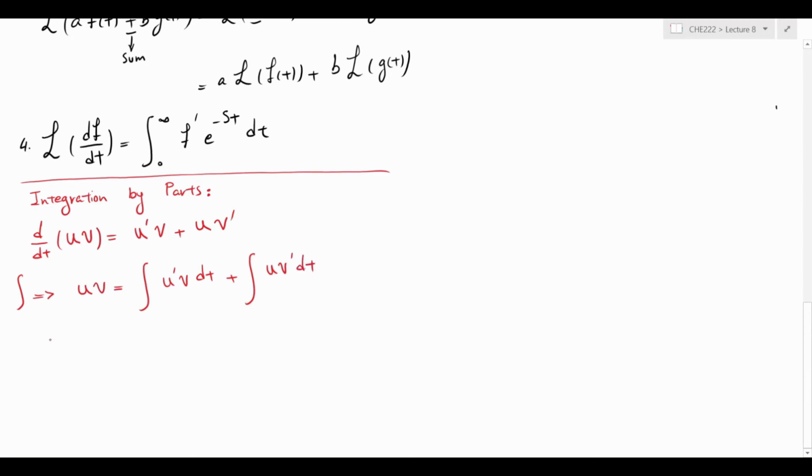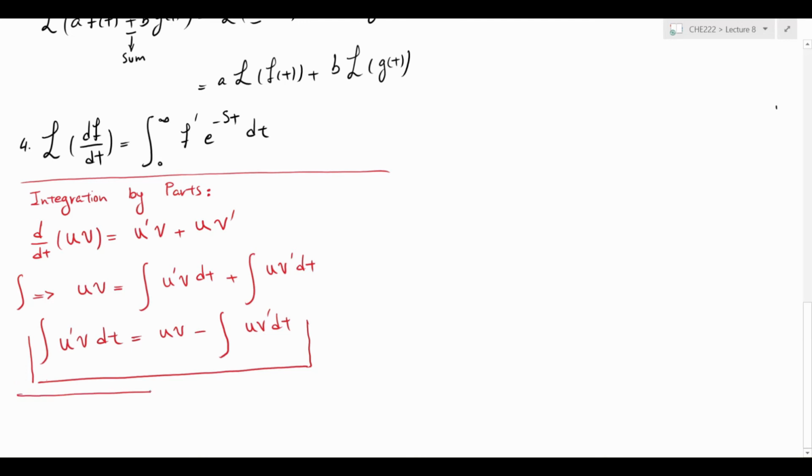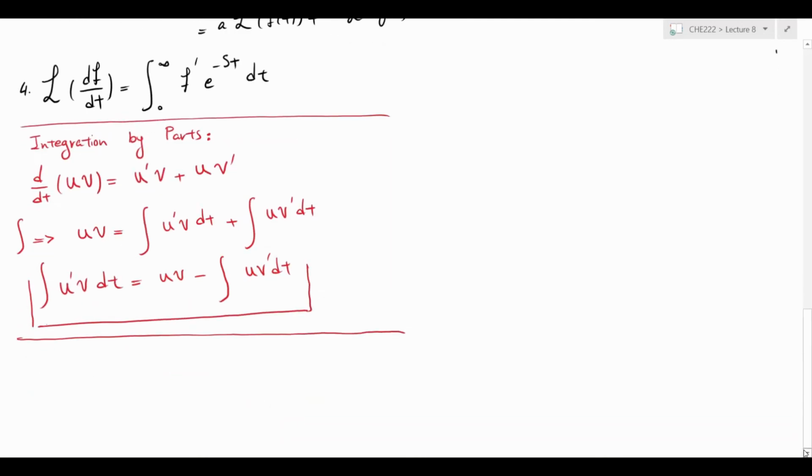And if I just rearrange this equation, I will obtain that the integral of u prime v dt is equal to u times v minus the integral of u v prime dt. And this is a very useful relation which is called integration by parts. And I will just use it in here to calculate the Laplace transform of f prime.